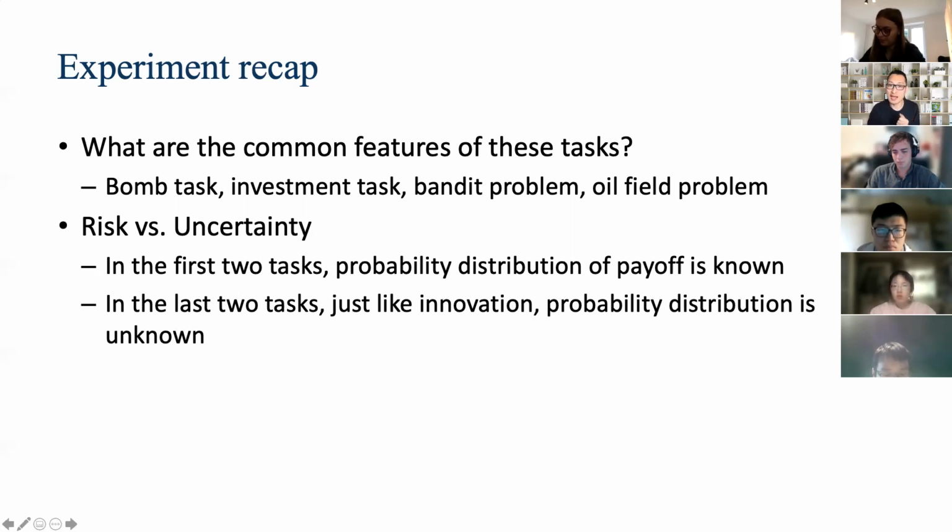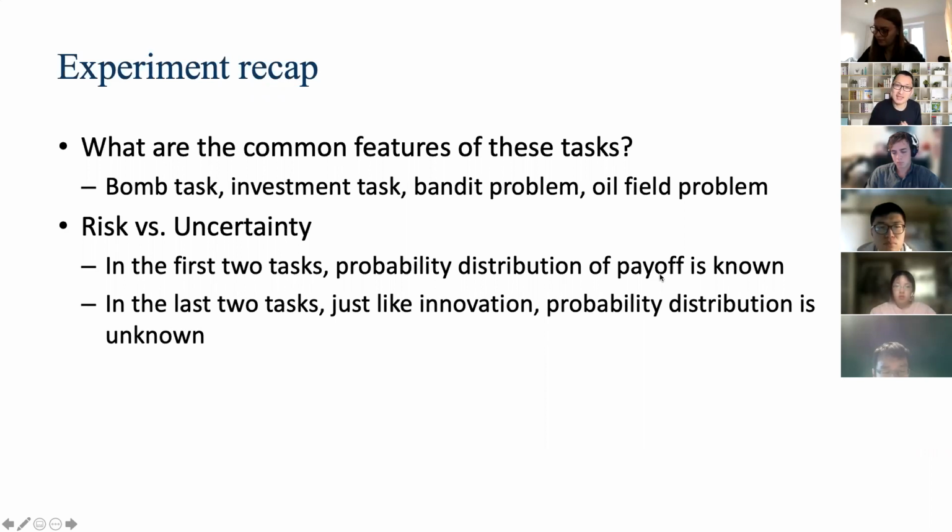But in the last two tasks, just like innovation, there is a strong uncertainty. You do not know anything about this inherent problem. You have to explore to get this knowledge first. So the distribution of the payoff can be considered as part of your knowledge, right?